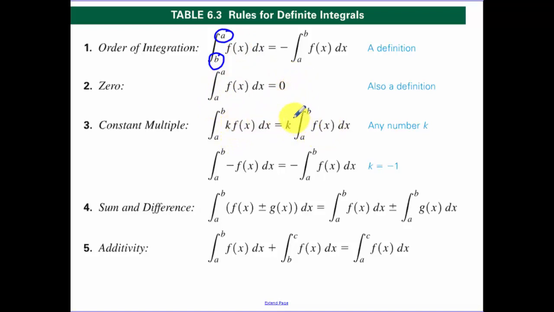What you can do is sometimes pull out a constant. That's going to make your life easier sometimes. And if there's a negative, you can pull the negative out, and A and B don't switch. So basically you can pull a constant out, kind of like with derivatives. When you're taking the integral, you can take each term and break it down like we could with derivatives under addition or subtraction.